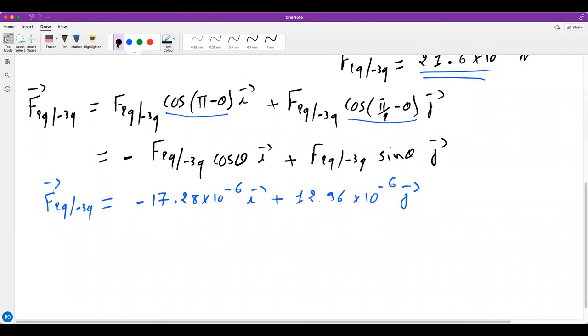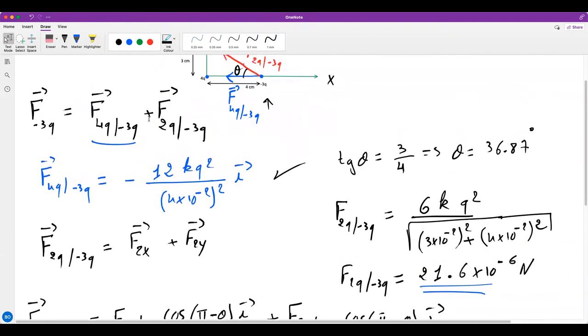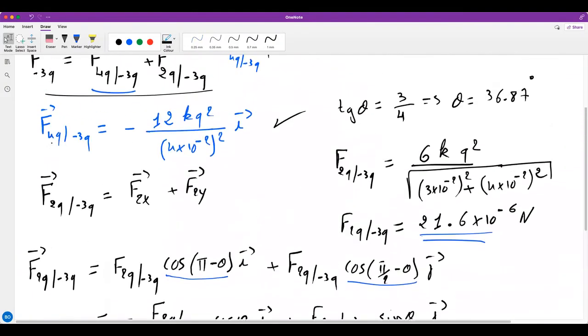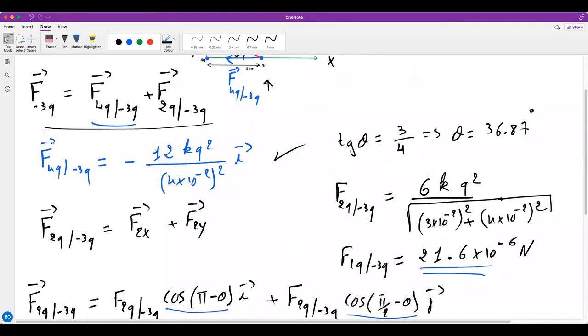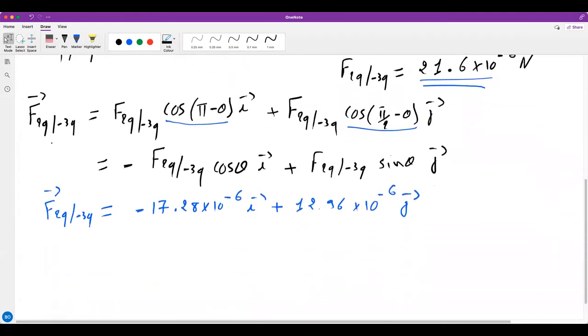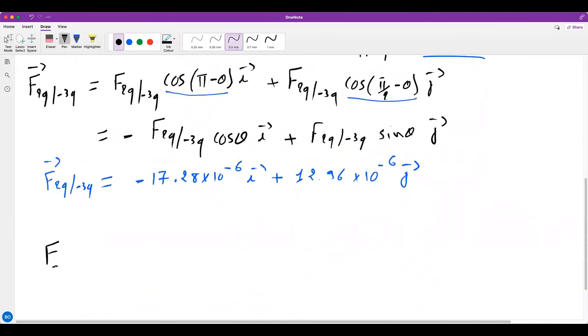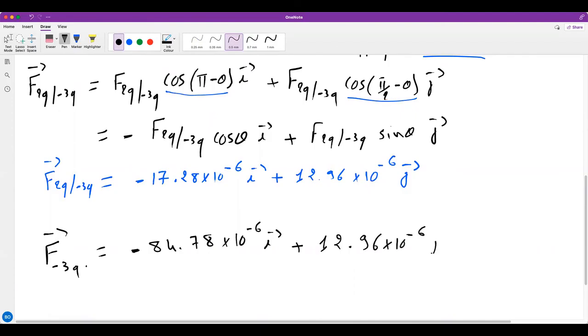The total force on minus 3q will be the sum of both of them, and you can easily calculate it: it is equal to minus 484.78 times 10 to the minus 6 i plus 12.96 times 10 to the minus 6 j.